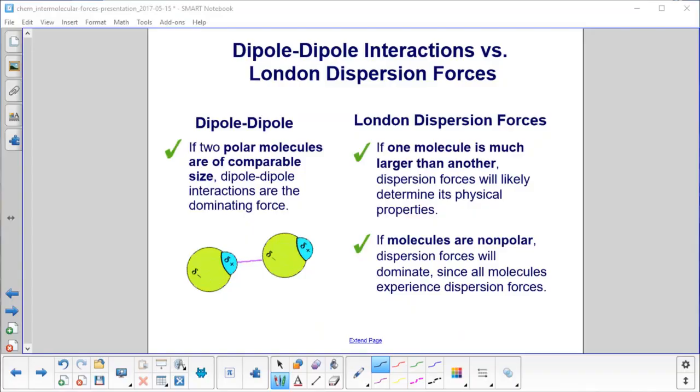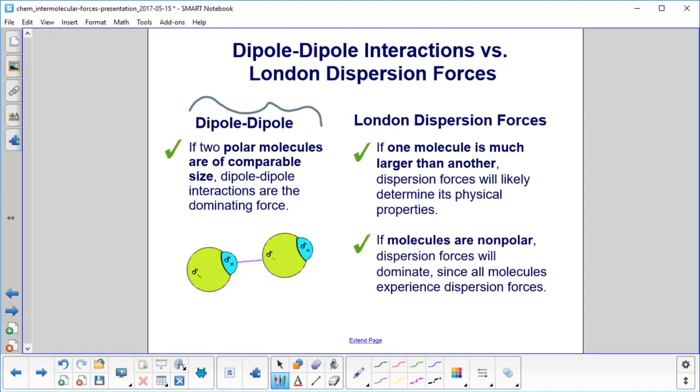Let's compare the two types of intermolecular forces, or van der Waals forces, that we've covered so far. We started with the dipole-dipole forces, and those are your permanent dipoles. They're polarized permanently. So if we have two polar molecules of roughly comparable size, dipole-dipole interactions are the dominating force.